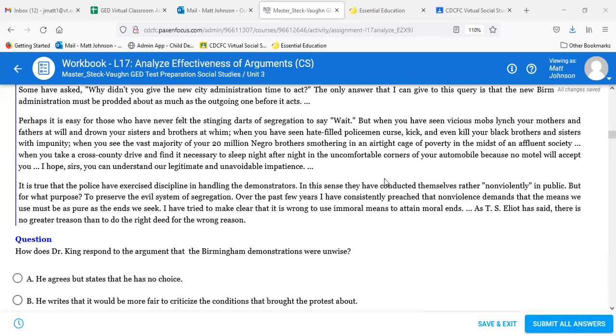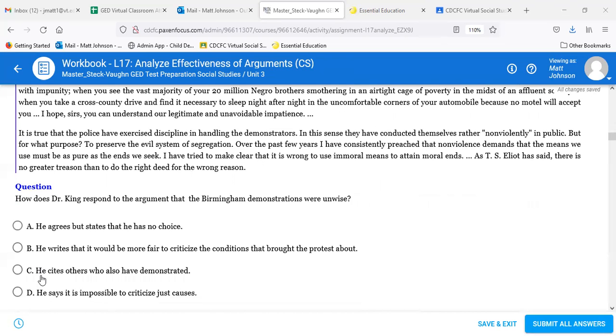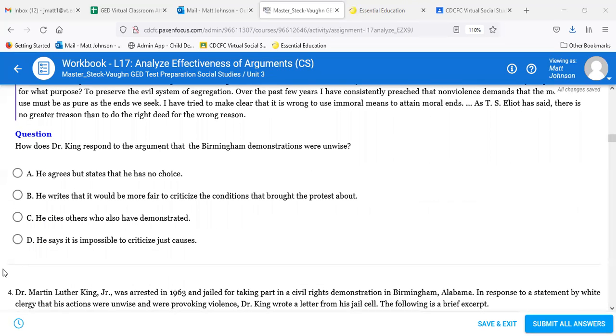Right. You want to go ahead and read the question for us? Yes. How does Dr. King respond to the argument that the Birmingham demonstrations were unwise? A. He agrees, but states that he has no choice. B. He argues that it would be more fair to criticize the conditions that brought the protest about.